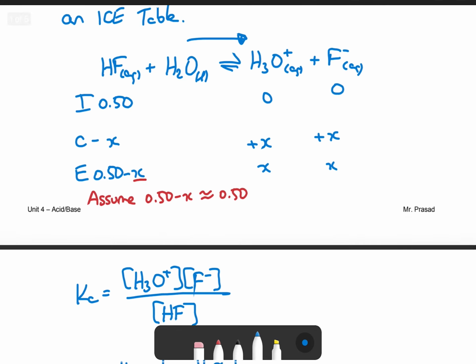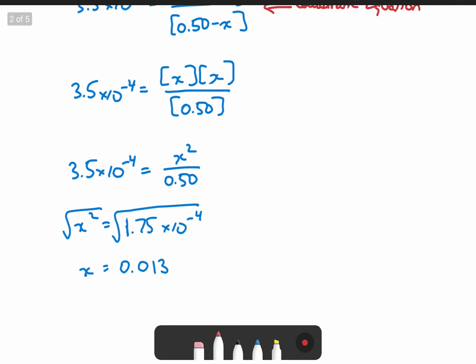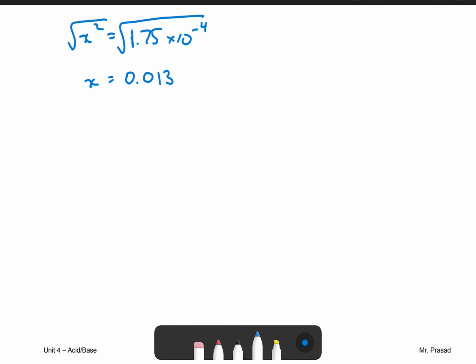Let's take this back to our ice table. We see that the molarity of H3O plus at equilibrium is equal to X, so we know the value here. We now can say that the H3O plus at equilibrium is 0.013 molar.